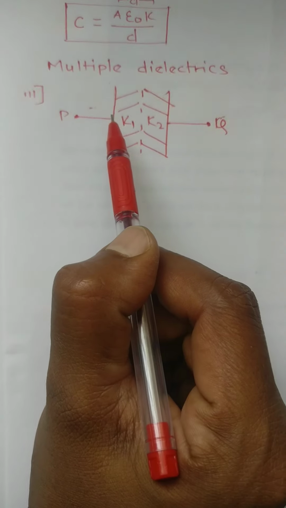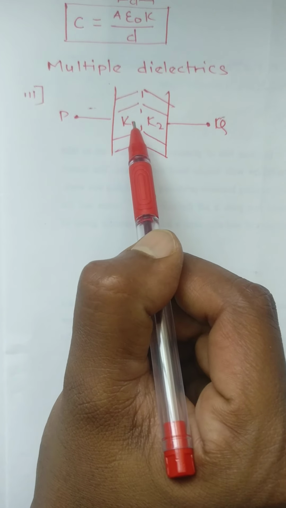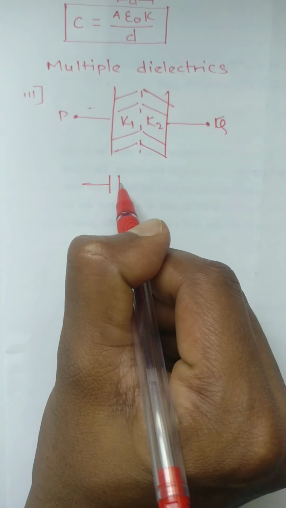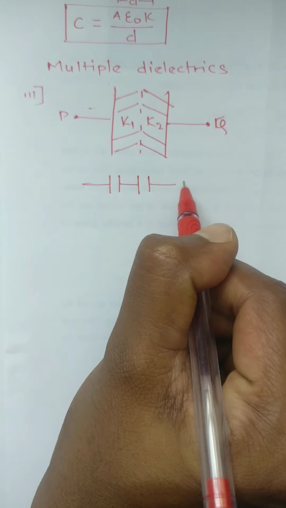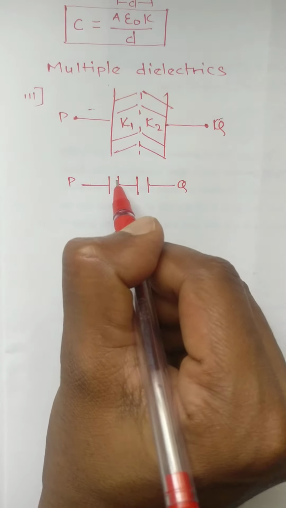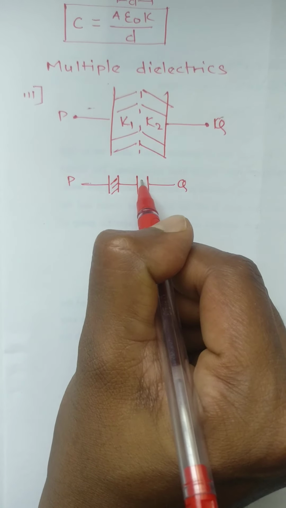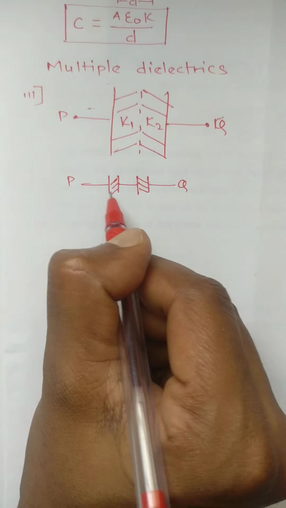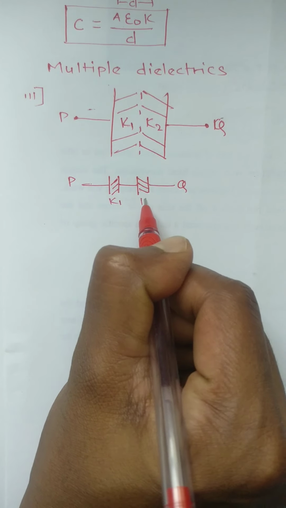If we concentrate on this capacitor, it seems simply like two capacitors connected in series combination. This is the capacitor with constant K1 and this is the capacitor with constant K2, with dielectrics between the plates.